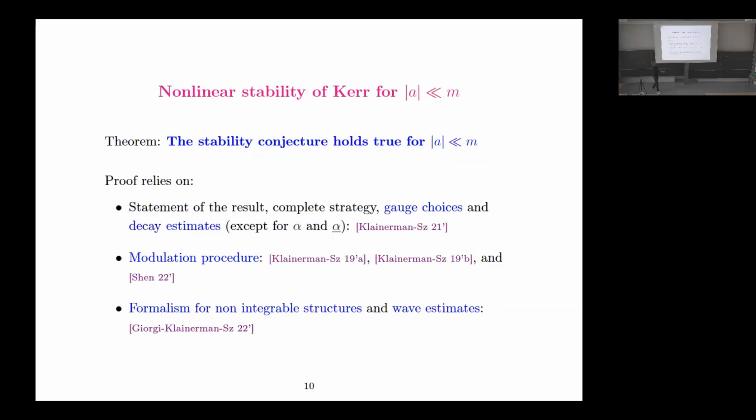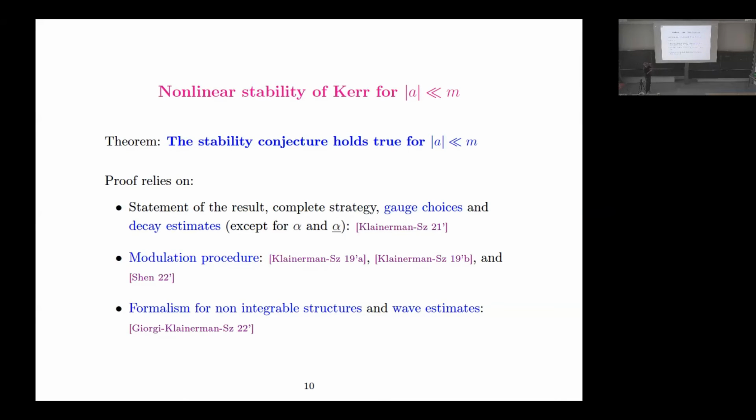Finally, let me come back to this result, which was again presented by Sergio. This is the stability resolution of the conjecture for slowly rotating Kerr black holes. There is a sequence of 5 papers, and Sergio already described them.